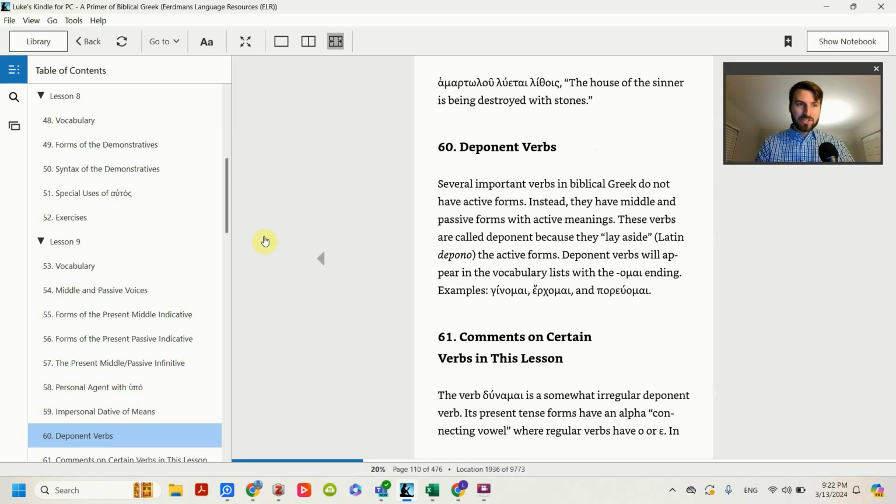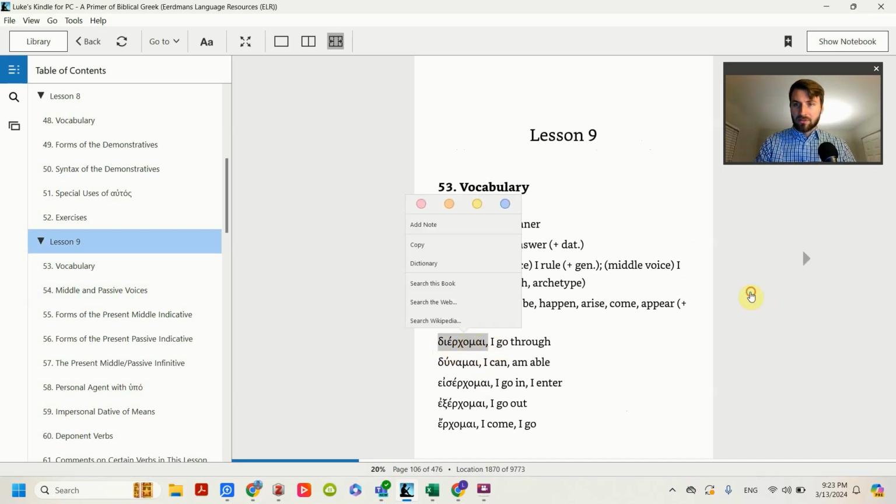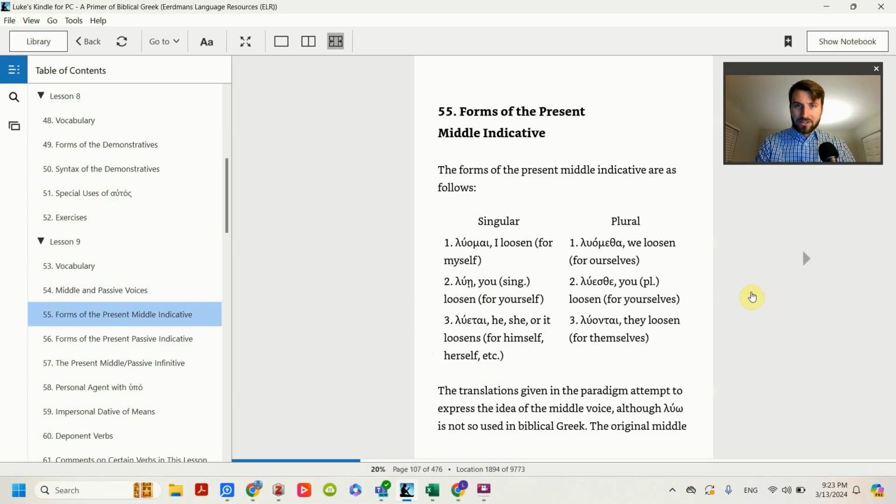And you can actually see that if we go to our vocabulary. So here, like dierchome, that has passive endings. We didn't even talk about the endings, but omai, ei, etai, ometha, esthe, ontai. Those are the passive and middle endings in the present.